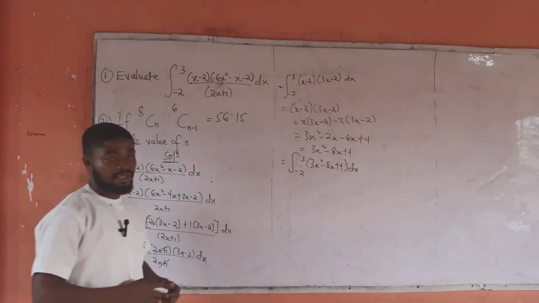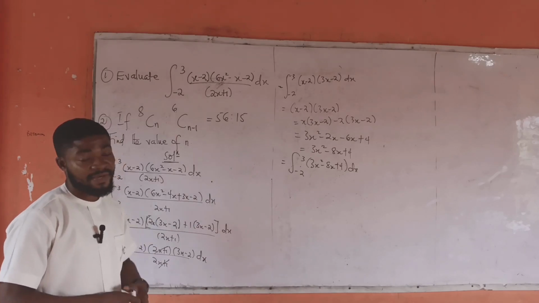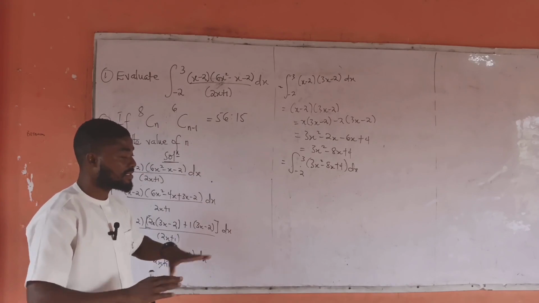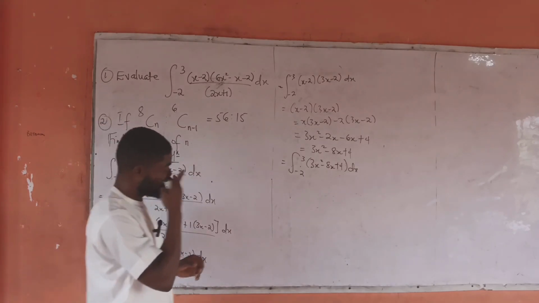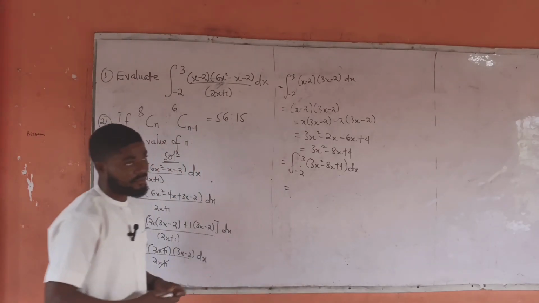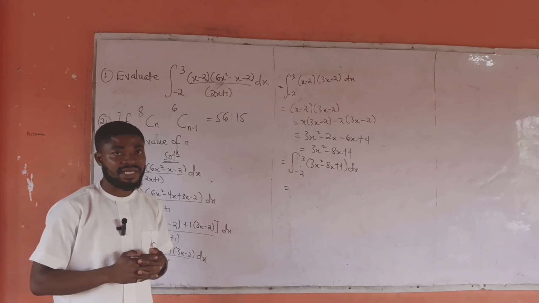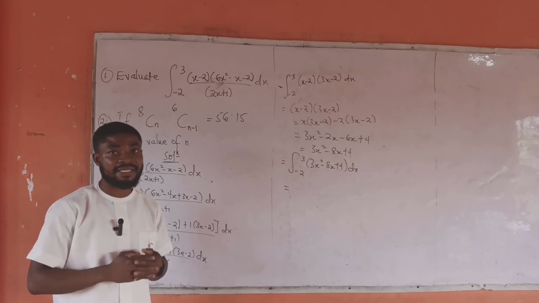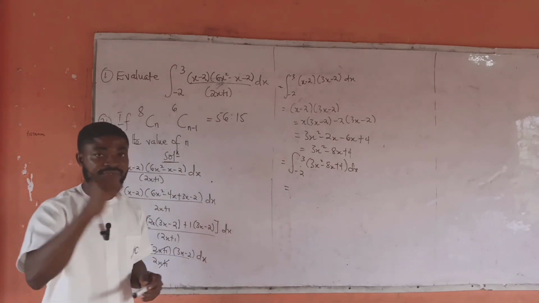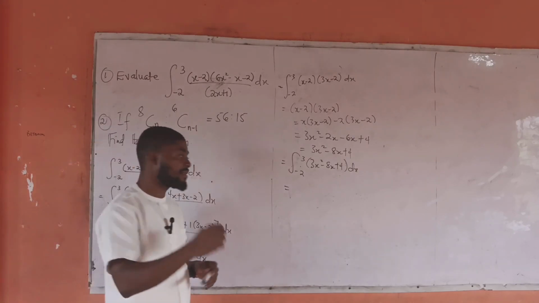Now I have this. So all I need to do now is to do my normal integration of them. When I finish, I put my lower and my upper limit into that so that I'm done with the work. Like I said the last time, when we ask you to integrate a particular expression or term, you just add 1 to the power and then divide by the power. So this is power 2. I add 1 to 2, which will give me power 3. So it is going to be 3x power 3 divided by 3.